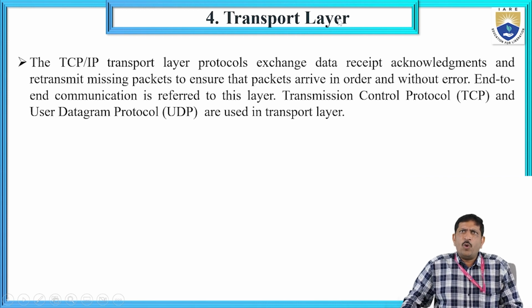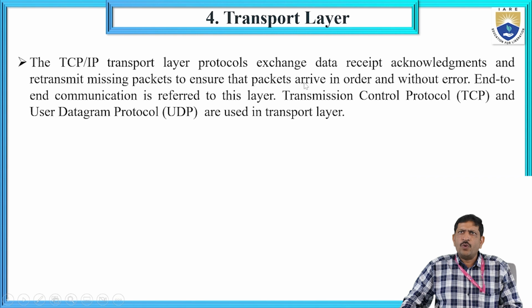The transport layer, the fourth one. The TCP/IP transport layer protocols exchange data receipt acknowledgments and retransmit missing packets to ensure that the packets arrive in order and without errors.